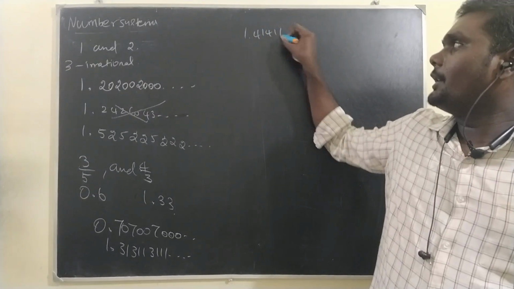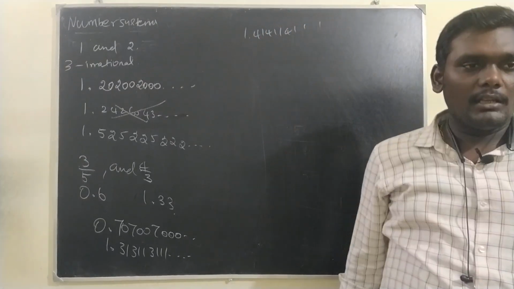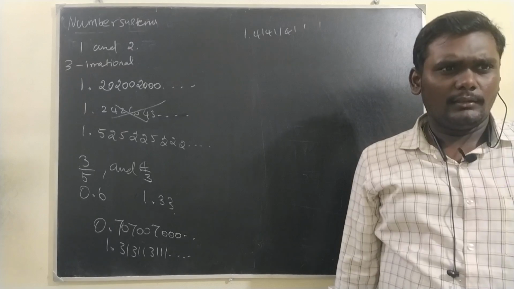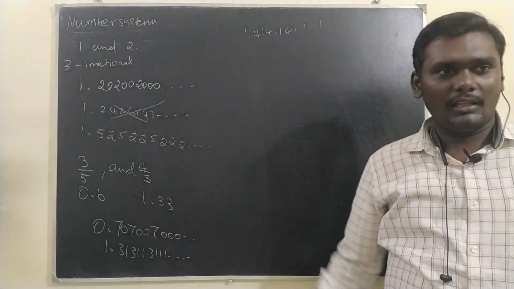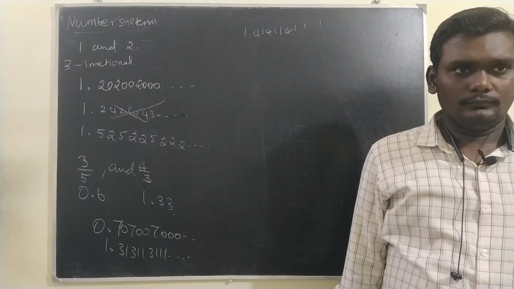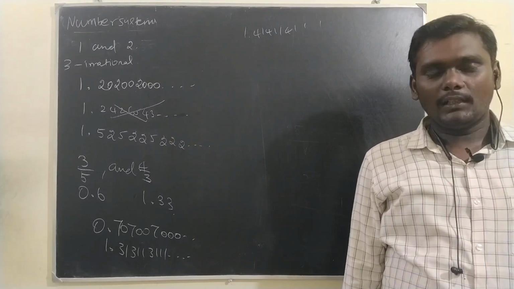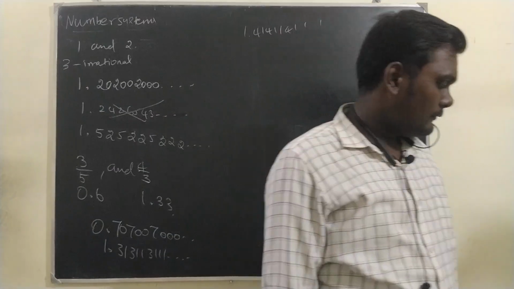Yes, 1.4 we can write: 1.41, 411, 4111, we are having an irrational number. What about 0.5 on the other side? No, we can't, because that again exceeds. Okay, clear?